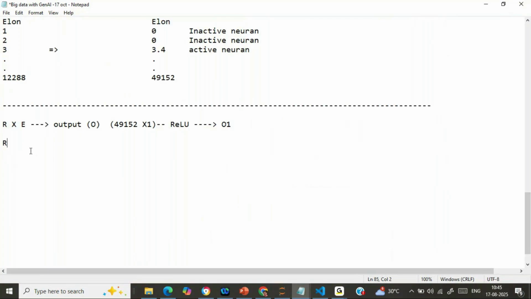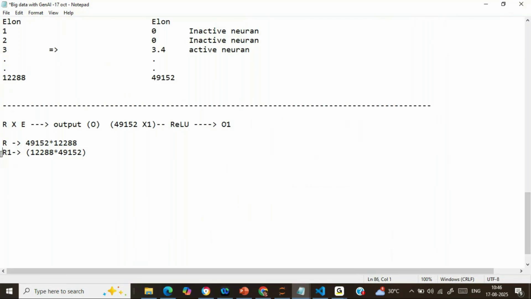We have seen R, which is of size 49152 into 12288, and R1 is another matrix which also comes from the pre-training phase. The size for this is 12288 cross 49152. And what exactly is there in R and R1?